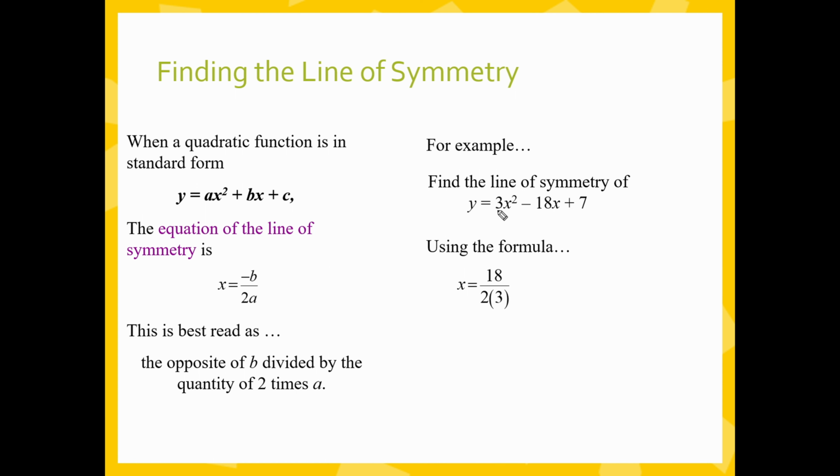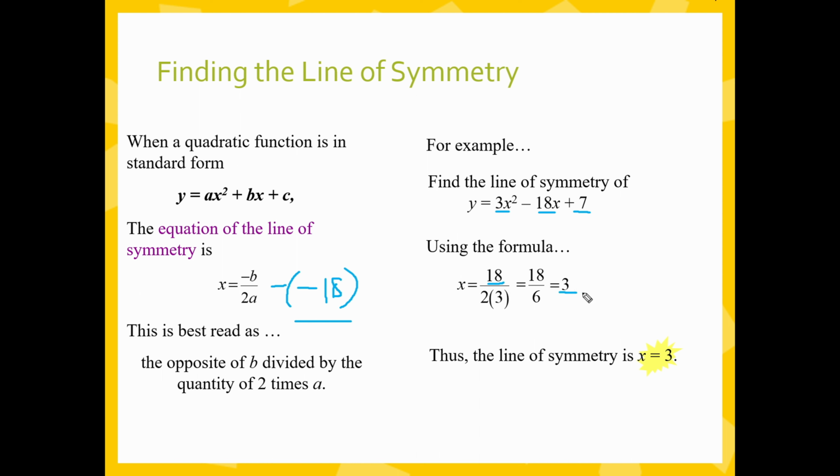Remember that we have our A, our B, and our C. The value of A will be 3, and the value of B will be negative 18, meaning that negative times negative 18 gives us a positive 18.